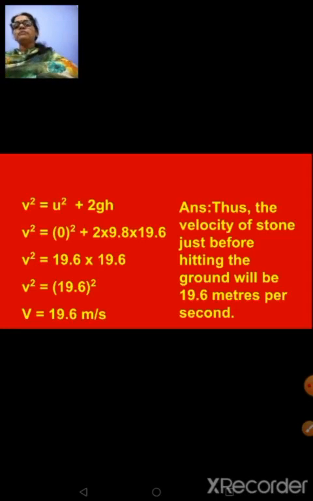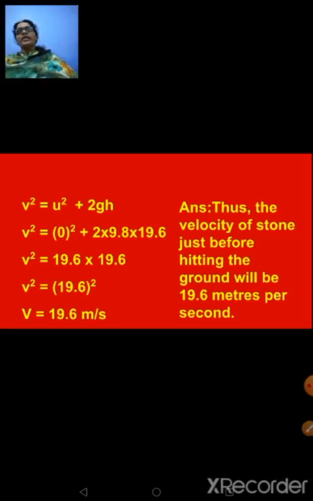So when you substitute these numbers, 0 in the place of u, 9.8 in the place of g, 19.6 in the place of h in the equation v square is equal to u square plus 2gh, it becomes 0 square, which will be 0. 2 into 9.8 is 19.6, because 98 multiplied by 2 will give you 196.